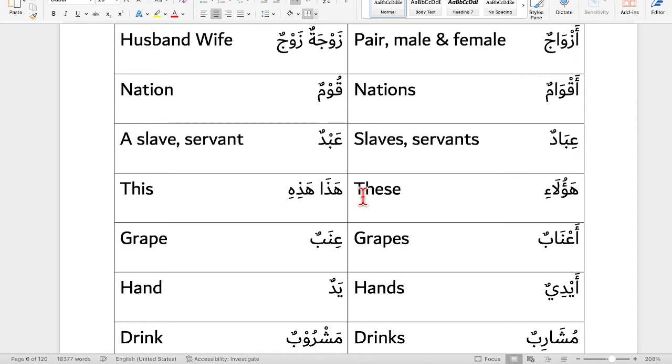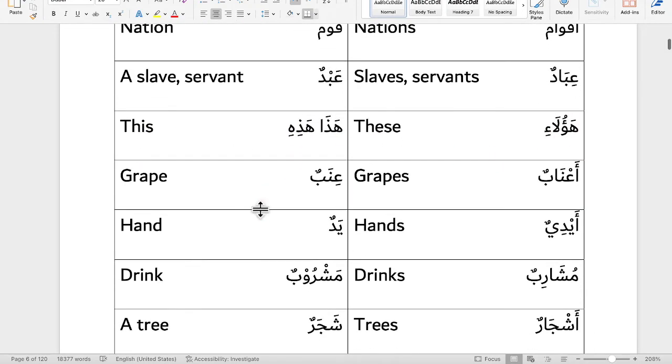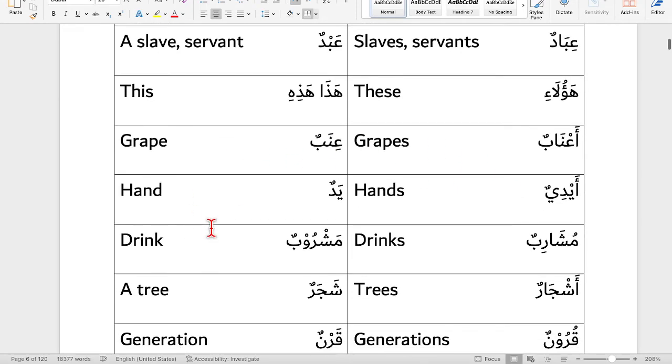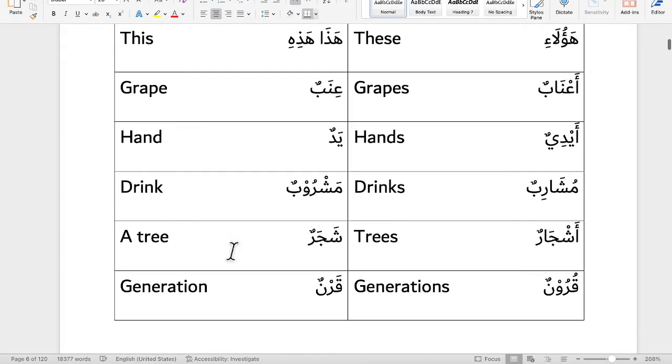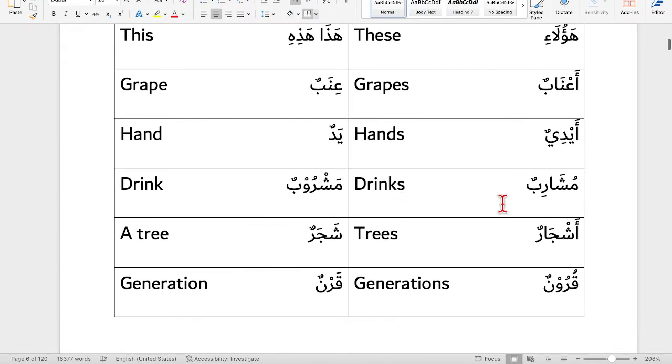Haza or hazihi, the plural is haulai, this, these. Inabun, anabun, grape, grapes. Yadun, which means hand, aidiyun, hands. Mashrubun, drink, musharibun, drinks. Shajarun, a tree, ashjarun, trees.